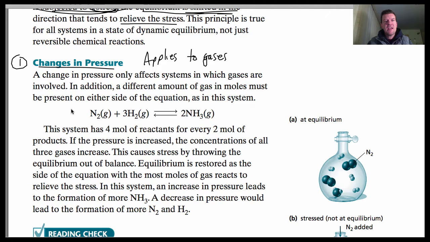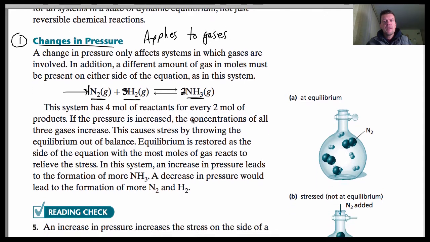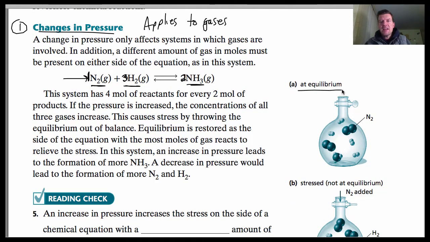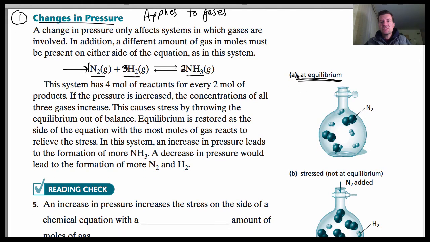So here we have a reaction, nitrogen reacting with hydrogen to produce ammonia. Okay? Well, you'll notice that when this reacts, we've got 1 mole of nitrogen reacting with 3 moles of hydrogen to produce 2 moles of ammonia. Let's say that at equilibrium, this is the situation, diagram A right here, okay?